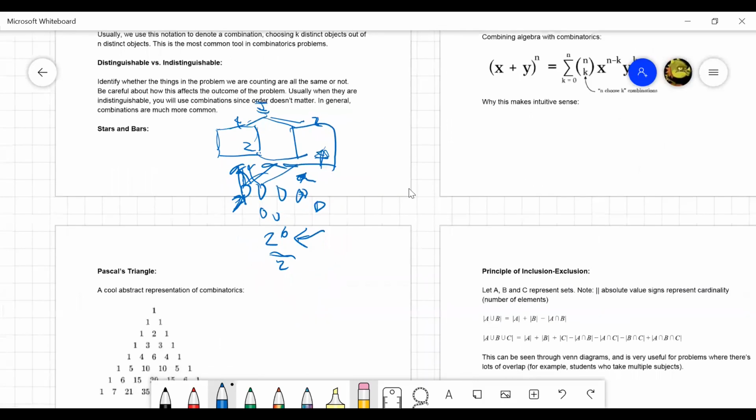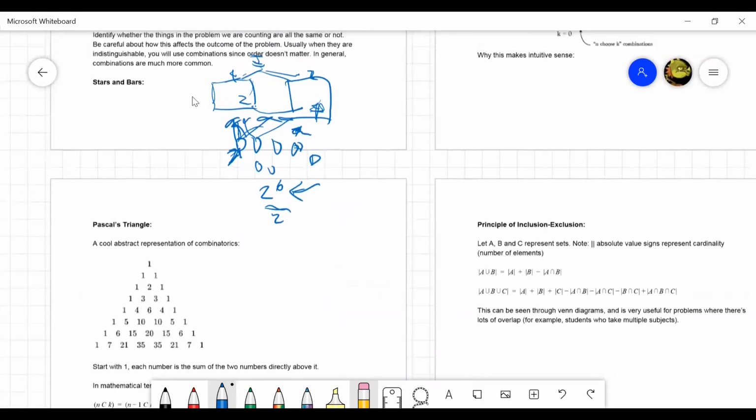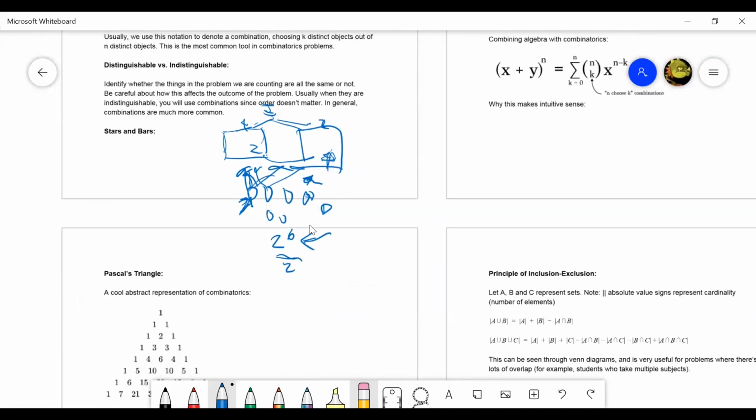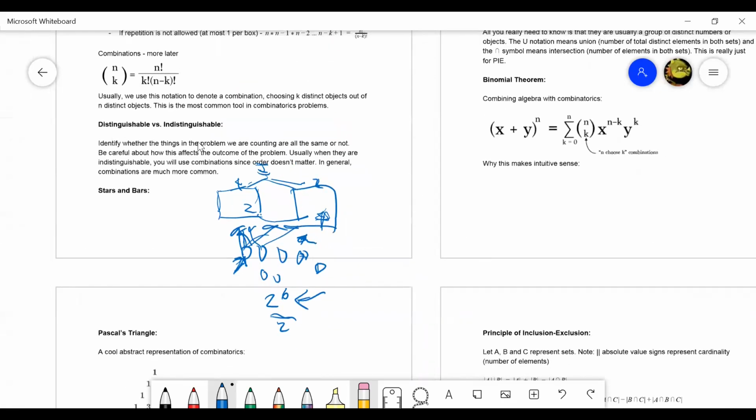When we do the problems, this idea will be quite a bit easier to understand. But I want to highlight how distinguishability and indistinguishability can affect the same problem and change it into a lot of different problems.